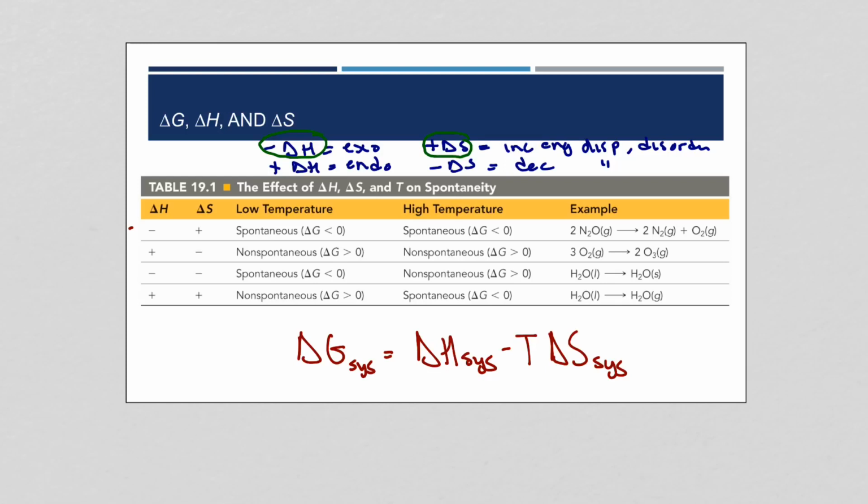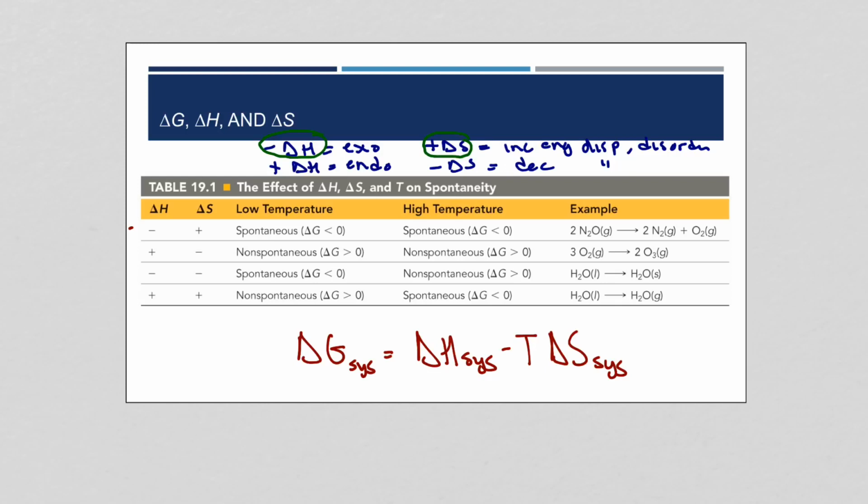If you look at our second example, if we have a positive delta H, so an endothermic process, and a decrease in entropy, so a process that becomes more ordered, under those scenarios a reaction will never be spontaneous at any temperature.